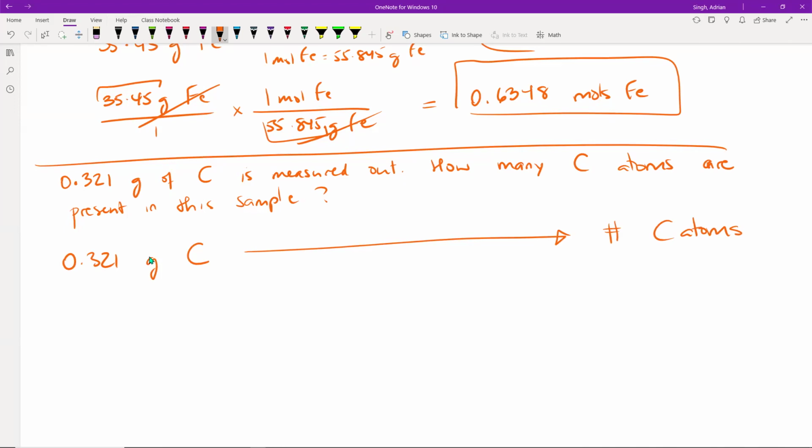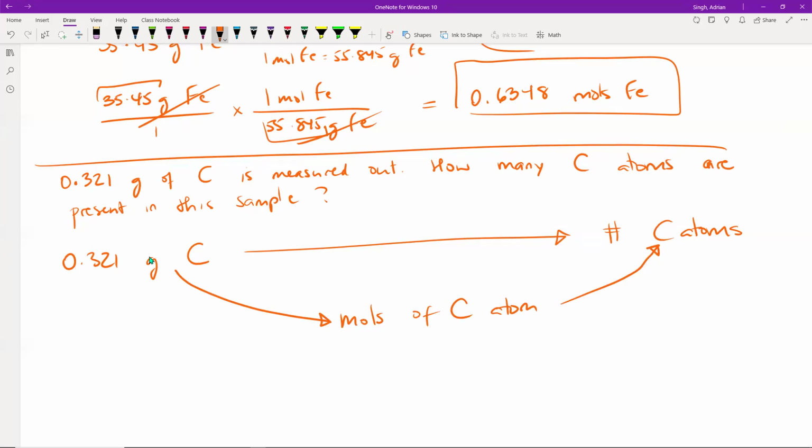Well, we didn't. We talked about the relationship between number of something and moles of something, in this case, moles of carbon atoms. And then we talked about the relationship between moles of something and grams of something. So then it would make sense if I wanted to go from grams to number of carbon atoms, I'm going to go through the number of moles. So I'm going to convert the grams to moles first, and then I can convert the moles to the number of carbon atoms.